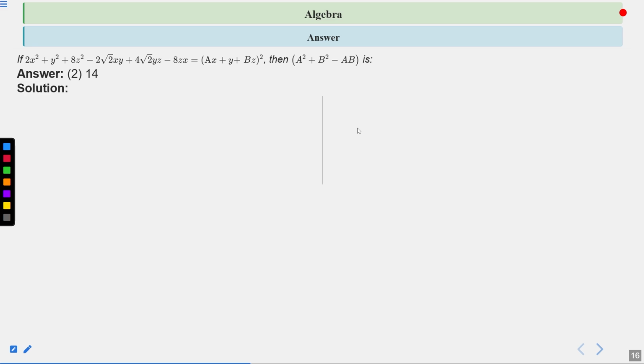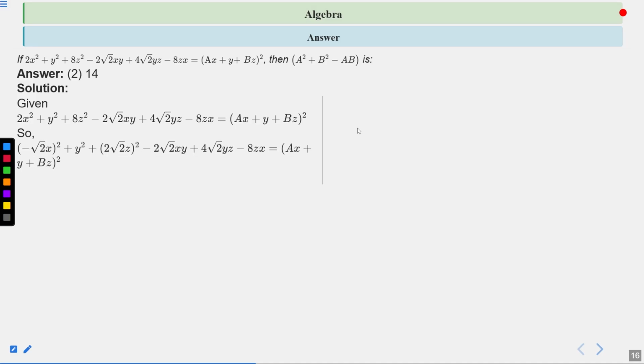Now see the detailed solution of this question. Given that 2x² + y² + 8z² − 2√2xy + 4√2yz − 8zx = (ax + y + bz)².